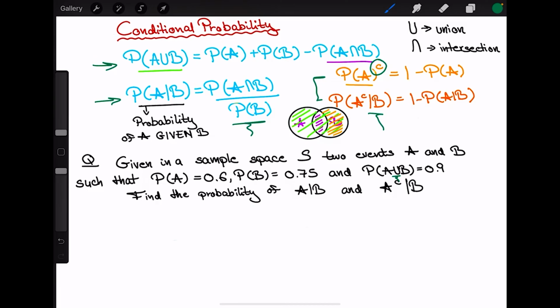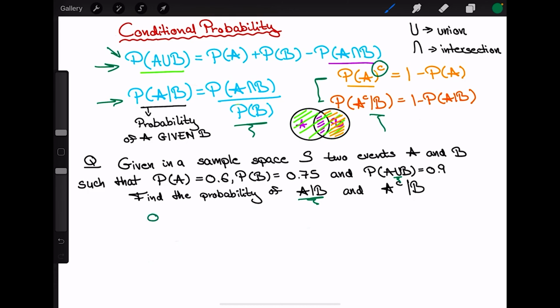So as you can already tell, for A given B, you need their intersection, which you do not have as a given currently, but you can find it using this formula right here. So their union 0.9 is equal to the probability of A plus the probability of B minus their intersection.